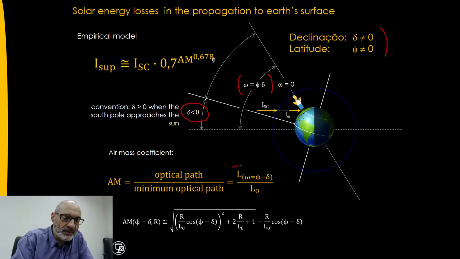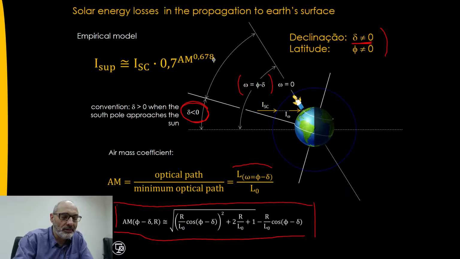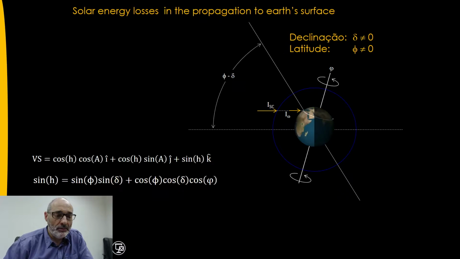So you proceed exactly like this, as simple as that. Instead of omega, you write phi minus delta, just to account for the declination being different than 0. So what you get for your air mass coefficient with the spherical model is here. It's very, very simple to assess the more generic situation.